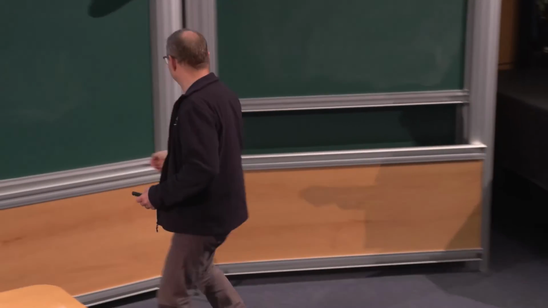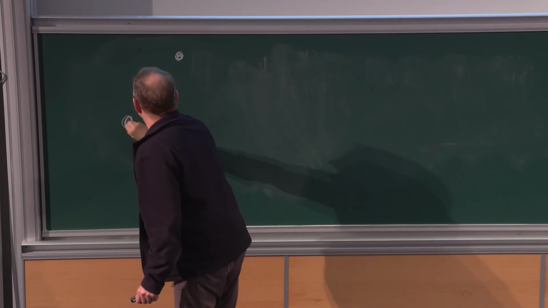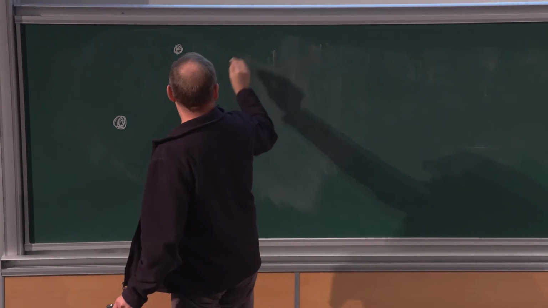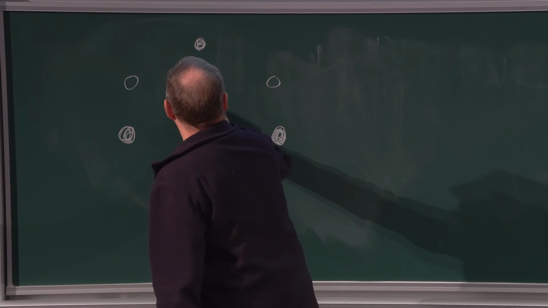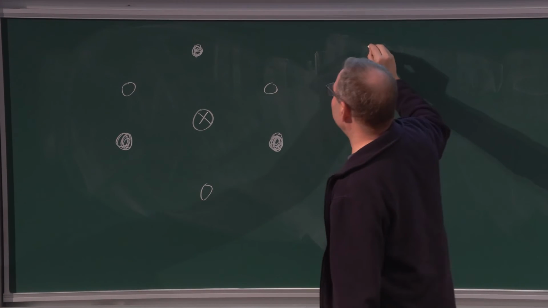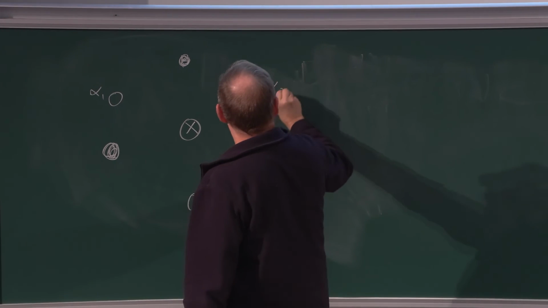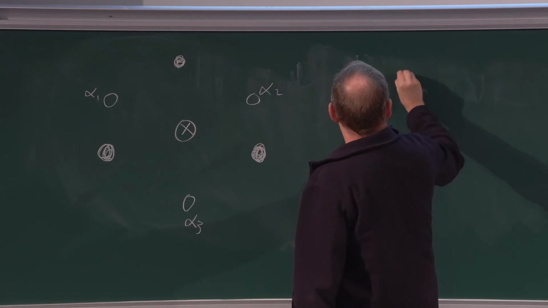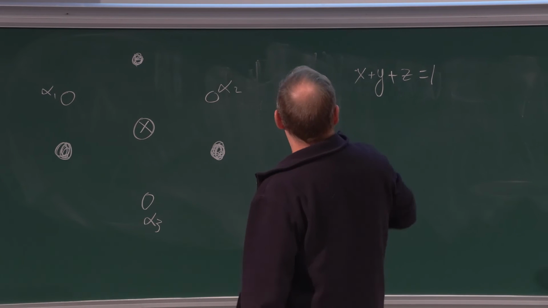So there's a nice way of thinking of this lattice in 3 dimensions. I mean lattice, this set of roots. So these would be alpha 1, alpha 2, alpha 3, and so these guys have x plus y plus z equal 1, right, in terms of their coordinates.